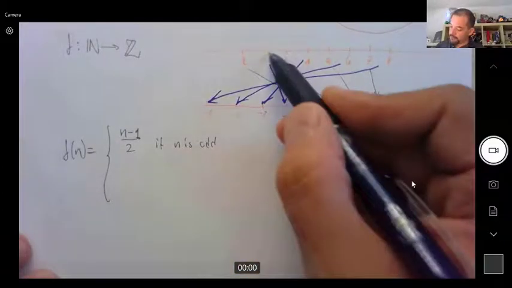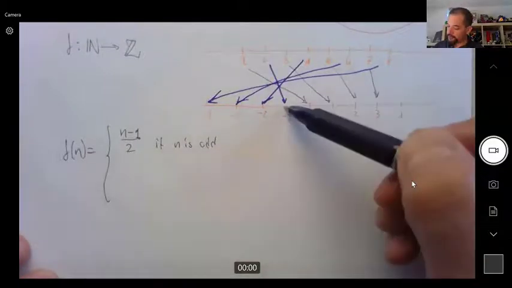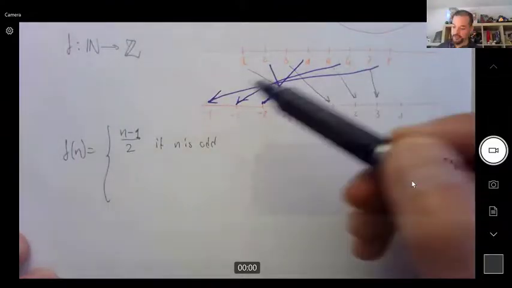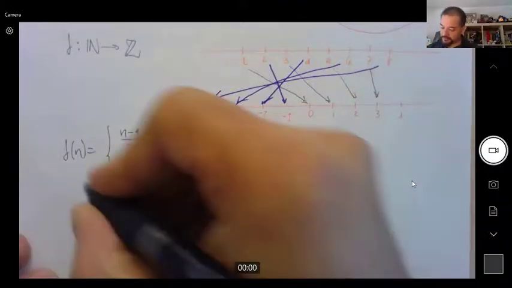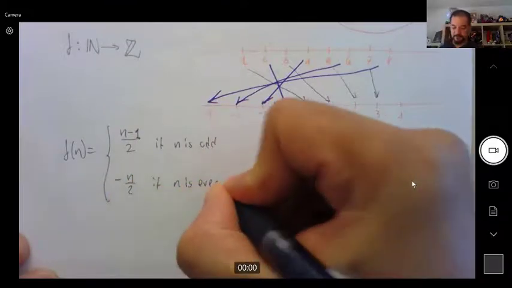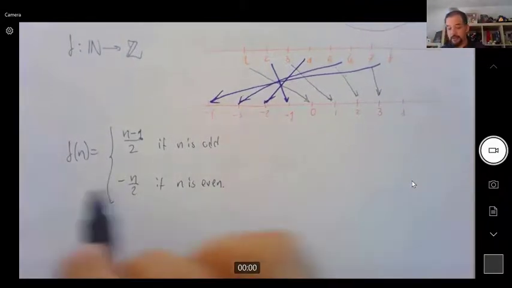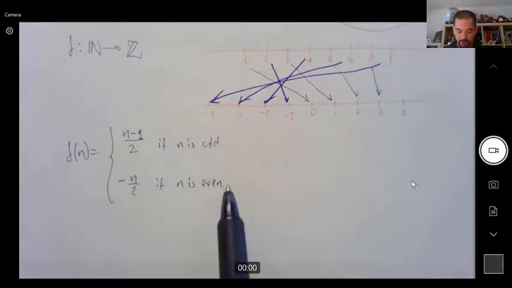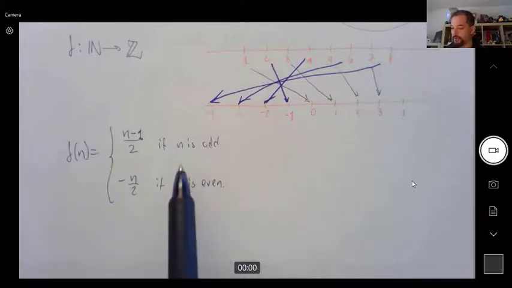And then for the even ones was easy because look, 2 goes to -1, 4 goes to -2, 6 goes to -3, 8 goes to -4. It's easy, right? It goes to half the number and then change the sign. So that's just -n/2. All right, and that's it. So it will take me a little bit of time to check that it is indeed one-to-one and onto. So there is something of a proof to be done here to thoroughly convince you that this is good, but it can be done. All right.